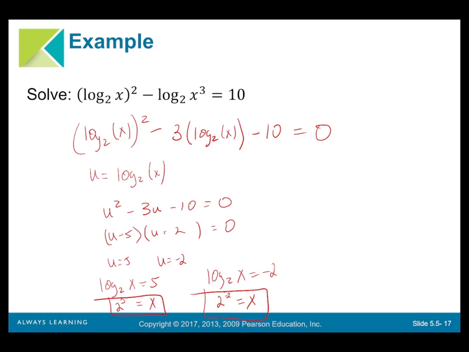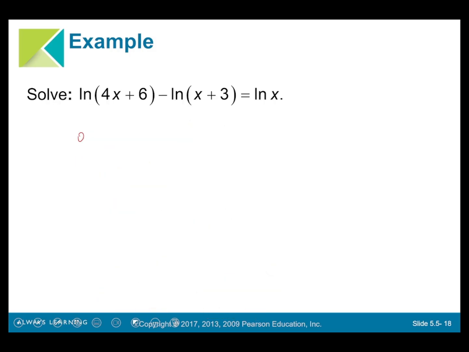And it really did come down to just recognizing the shape of the problem, using one little power rule, and then doing some factoring and substitution back in. So a little bit tricky to recognize, but we can't actually use any other rules on that log base 2 of x squared. There was no other way to handle this. So that is how we get our two x values.